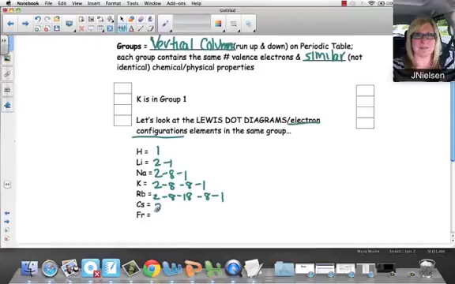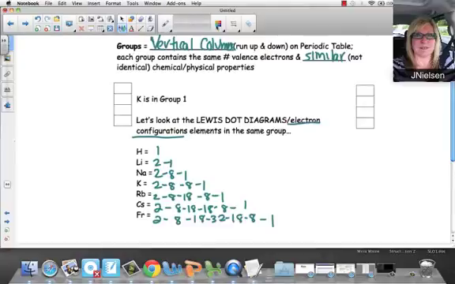Cesium, 2, 8, 18, 18, 8, 1. And francium is 2, 8, 18, 32, 18, 8, 1.